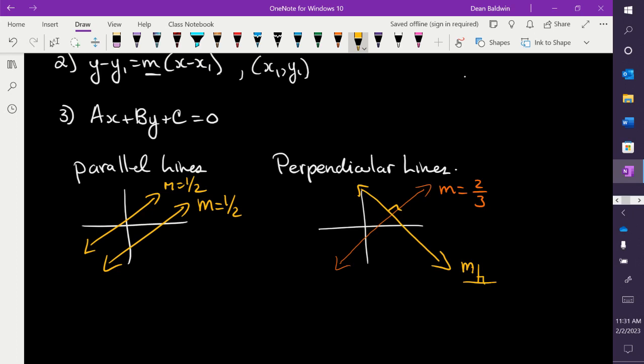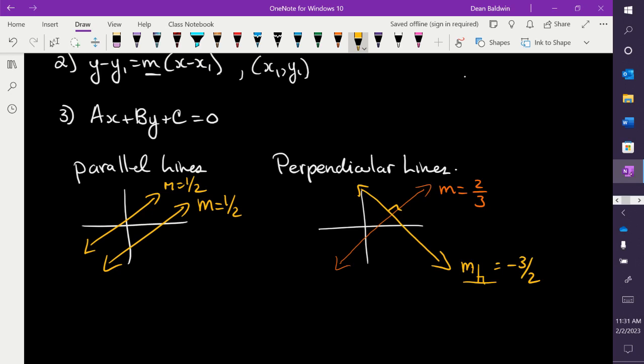Very close. -3/2. You can see it's going to be negative because it's sloping this way as opposed to this way, and it's the reciprocal. It's a negative reciprocal slope. So you get -3/2. You flip the fraction, multiply by, and it becomes negative. If you multiply these two slopes together, it always equals -1.